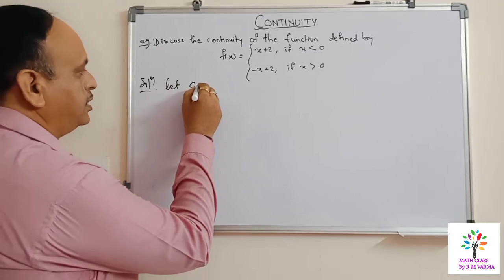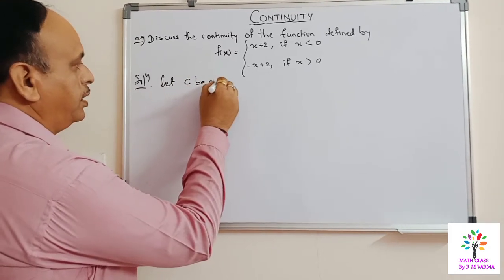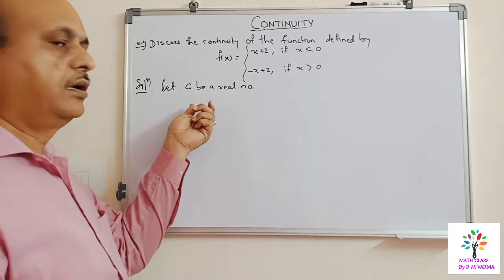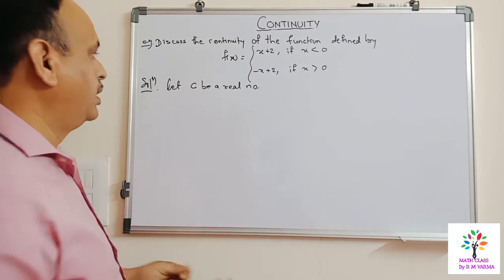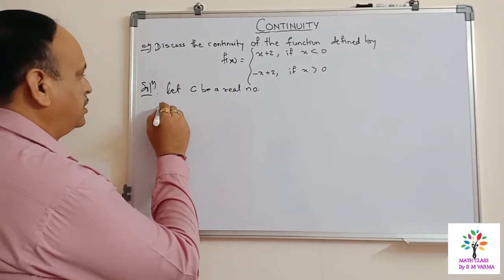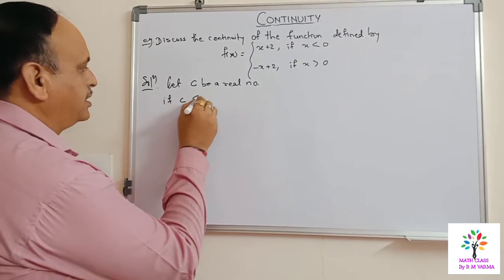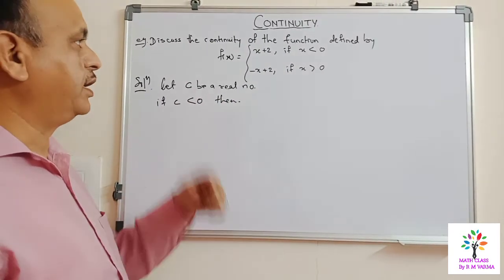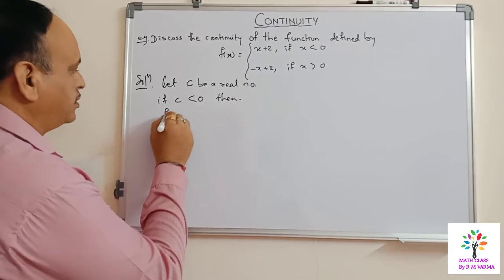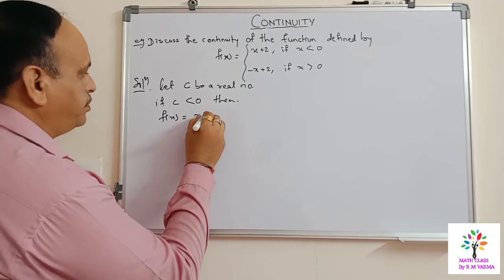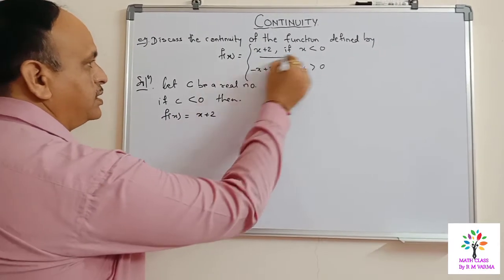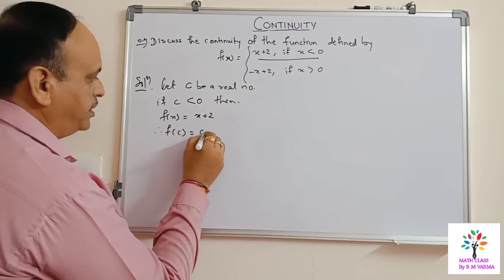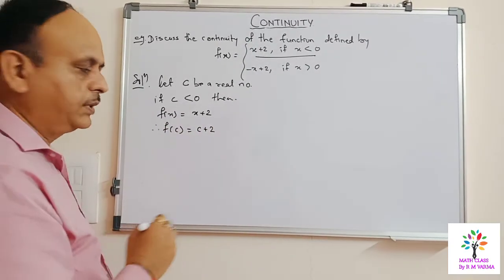Let c be a real number. First, if c is less than 0, let us find out what happens. f(x) will be x plus 2 when it is less than 0. Therefore f of c will be c plus 2.